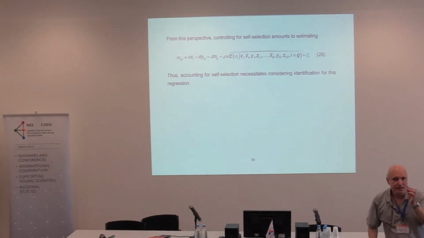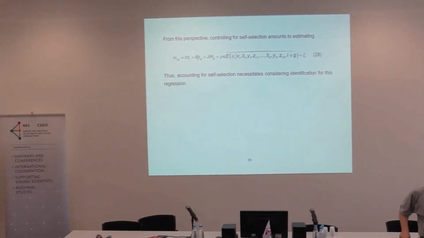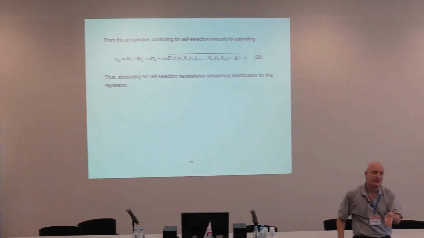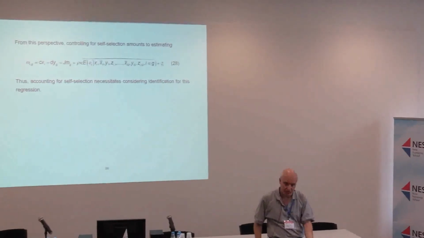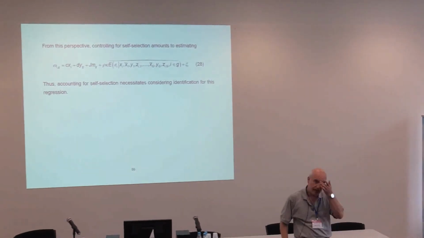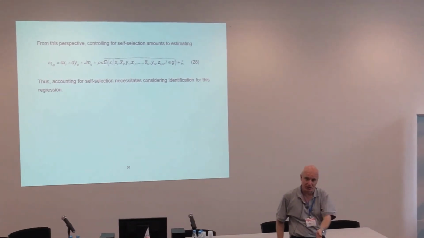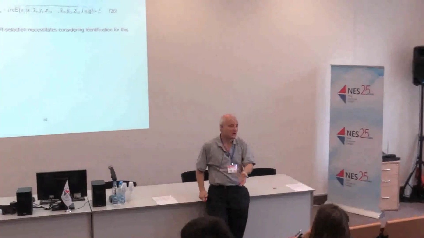All I cared about was that identification fails. So there's two types of identification failure. One is I don't account for the self-selection and I get the wrong answers. The different failure of identification is the correlatedness of the different regressors in the model. The first failure of identification I control for by the selection correction. The point is there's a bonus to that.